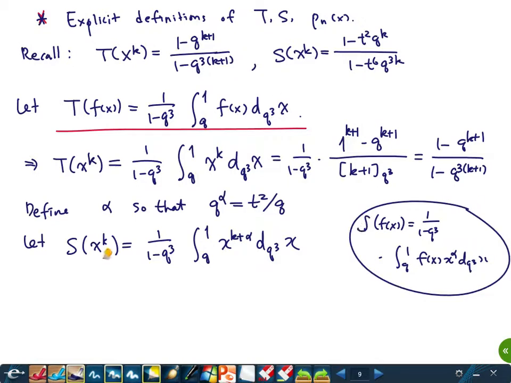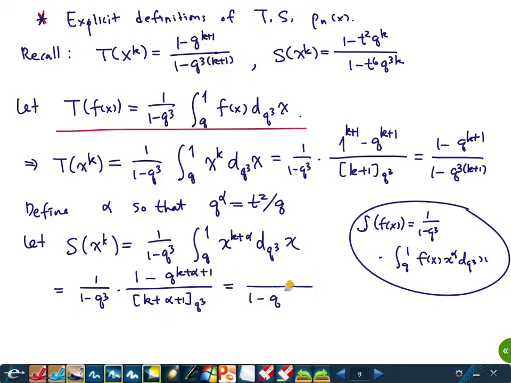Okay, but what is this? You can compute this as before. Here we add 1 to the exponent. The q is q cubed, and 1 minus q to the k plus alpha plus 1, right? Now you just compute this. Again, you can cancel this: 1 minus q cubed to the k plus alpha plus 1, over 1 minus q to the k plus alpha plus 1.